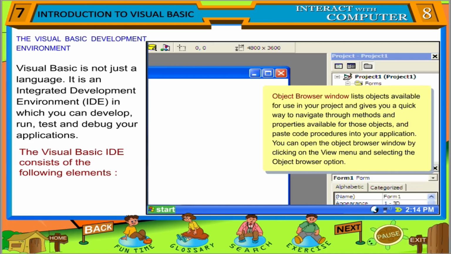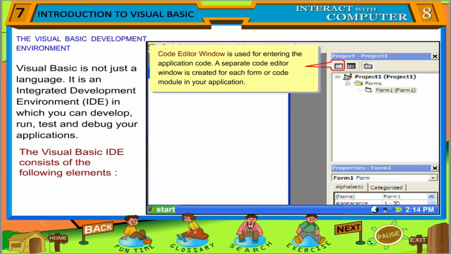You can open the Object Browser window by clicking on the View menu and selecting the Object Browser option. Code Editor window is used for entering the application code. A separate Code Editor window is created for each form or code module in your application.